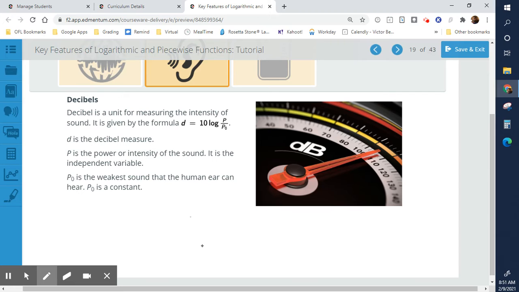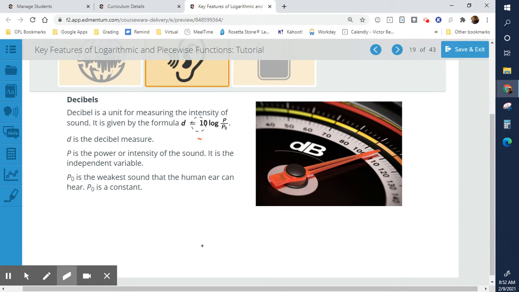Let's say the smallest sound we could hear would be a 2, and we have another number that's like a 2.01 or something. I'm just making these numbers up. But you would get this really small decimal by power of 10. So yes, you are getting a power of 10, but it's a power of 10 that's a decimal bigger. So we multiply it by 10, so it looks like actual numbers that we can use.